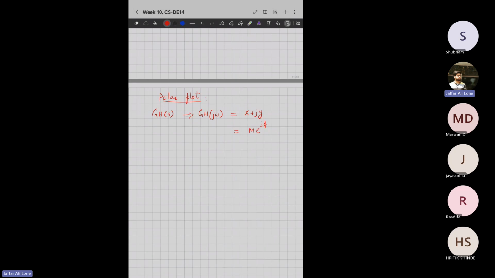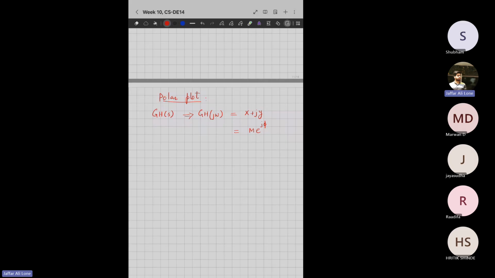So if you have a complex number, how do you define it? You define it by its magnitude as well as the angle. We have discussed it in root locus as well.